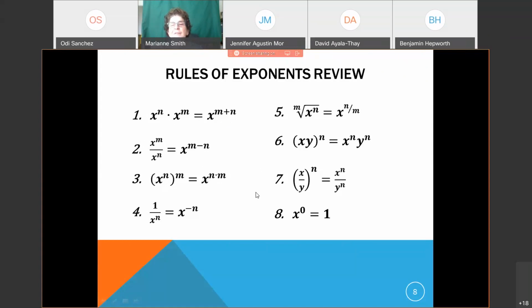The ones that are the most important when you're doing calculus start with number 4. When you have just one x to some power in the denominator, you can rewrite that as x to the minus n, because negative exponents don't give you negative numbers, they give you fractions. So this is a very important rule. So is number 5.